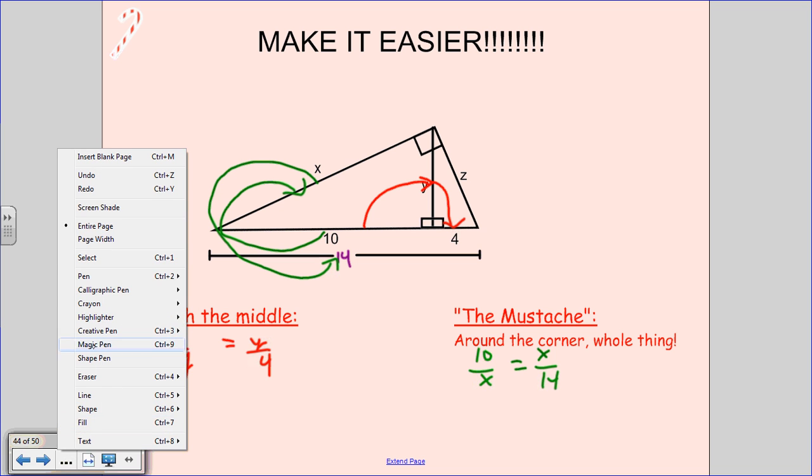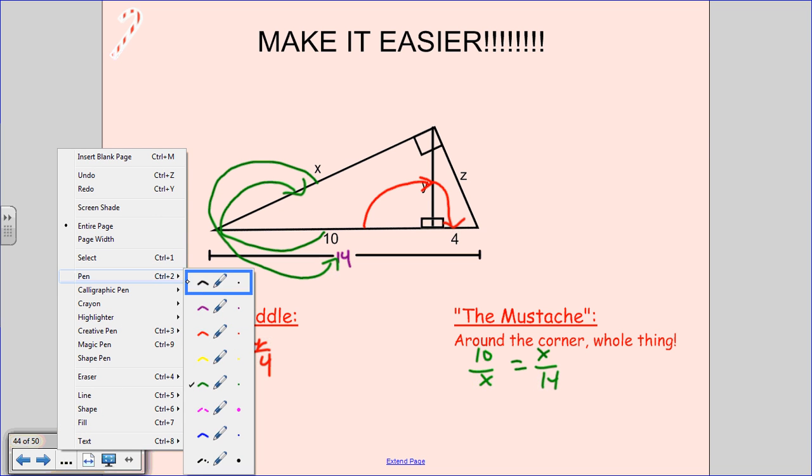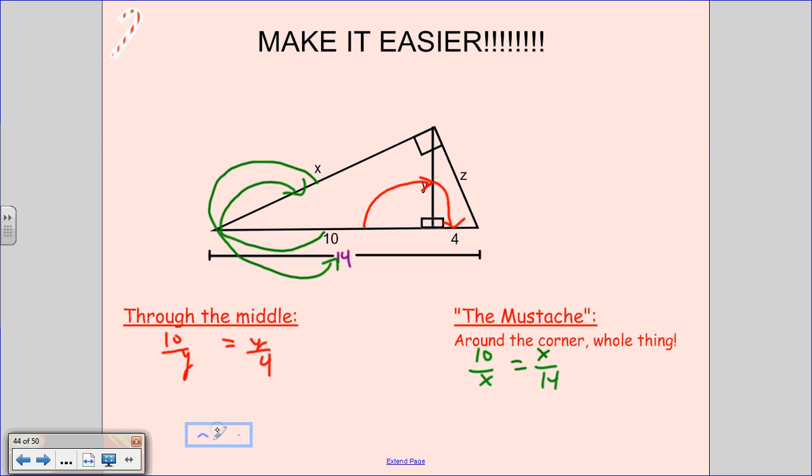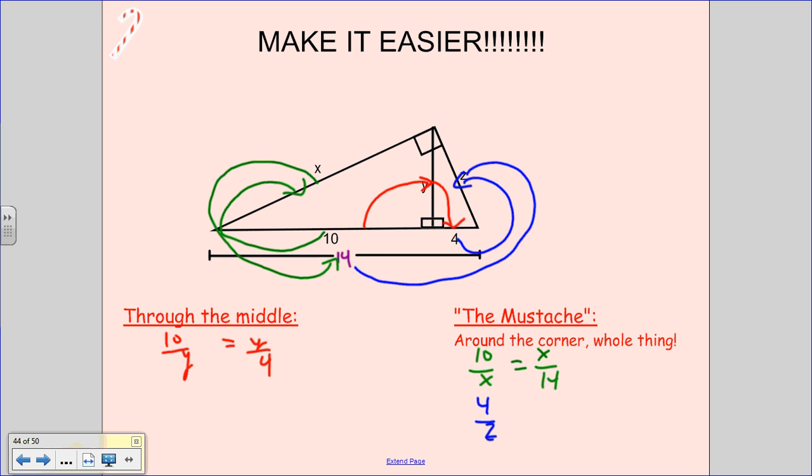And then there's another corner of the mustache that would set up a proportion as well. Starting at 4, you go to z. So 4 is to z. And then from z, you go back to 14. So z is to 14.